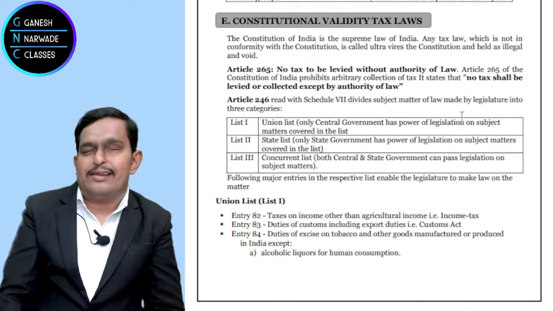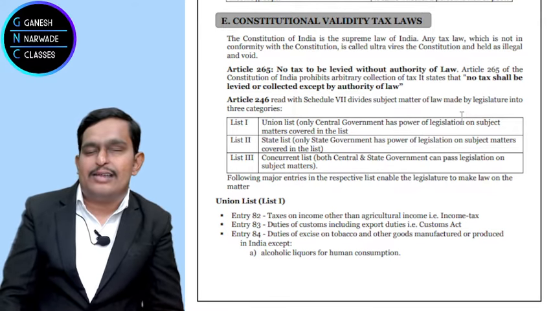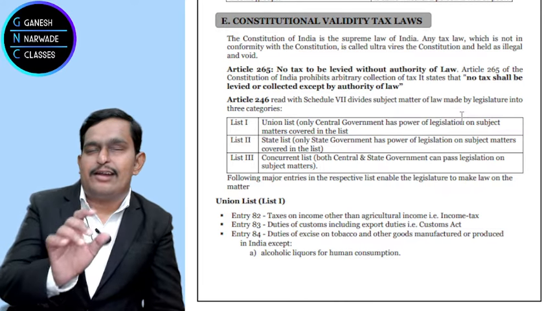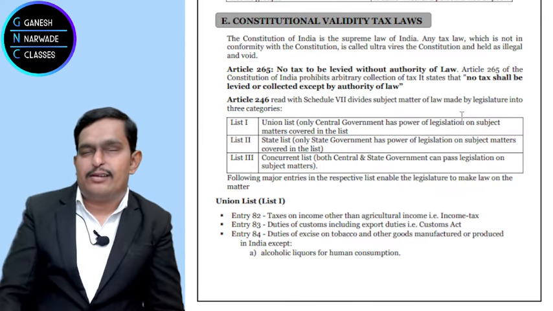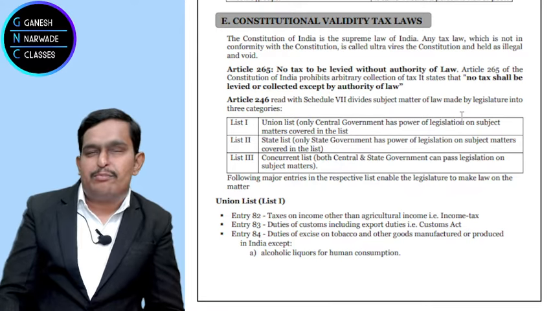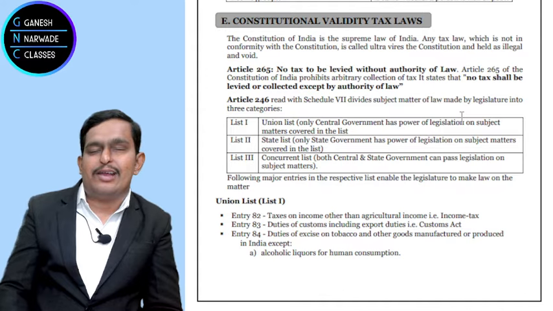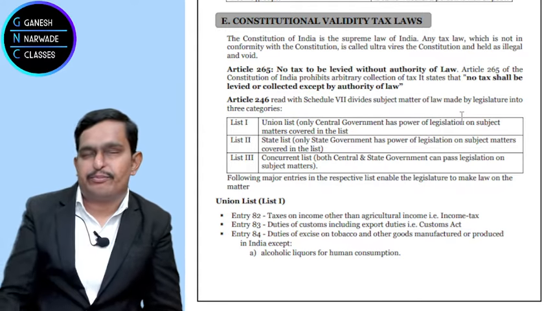The next part is Article 246. Article 246 says that we will read Schedule 7 also with it. It says that powers of the central government are different, powers of the state government are different, and some areas are there where both can make the laws.